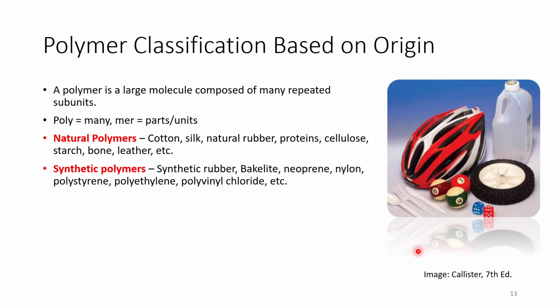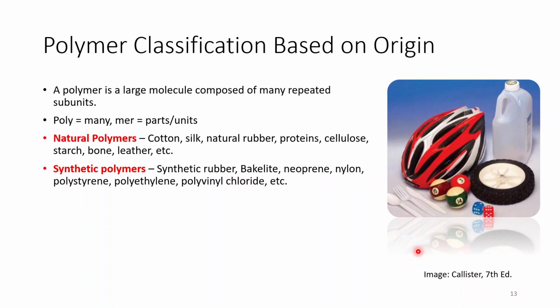Now firstly, based on origin, a polymer is a large molecule composed of many repeated subunits. As the name suggests, poly is for many, and mer is used for parts or units.